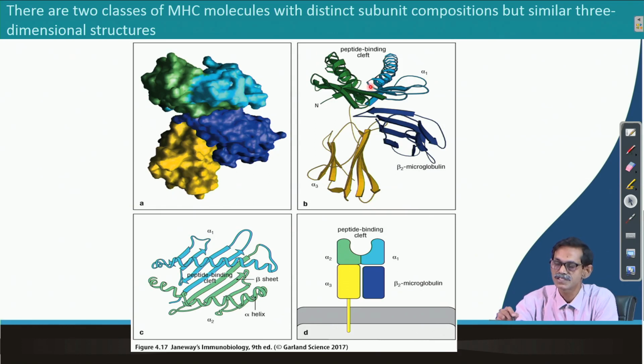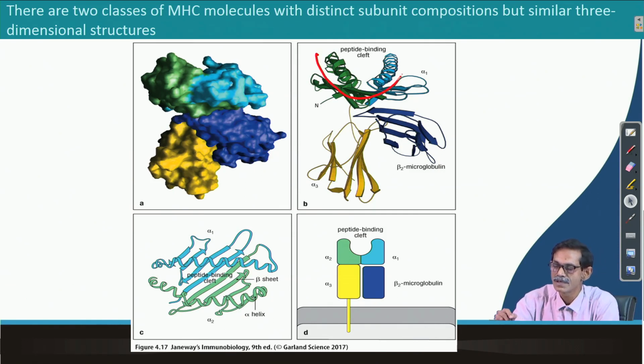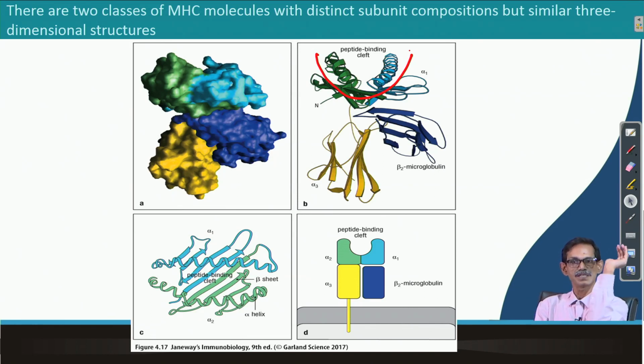Let me take a pen, that will be easier for me. If you see something like this, you can see the outline here, only the outline.